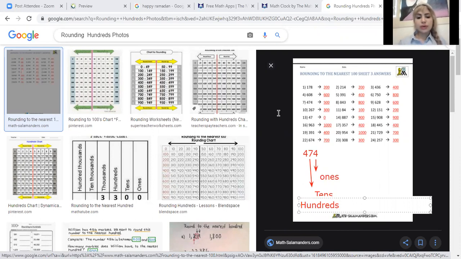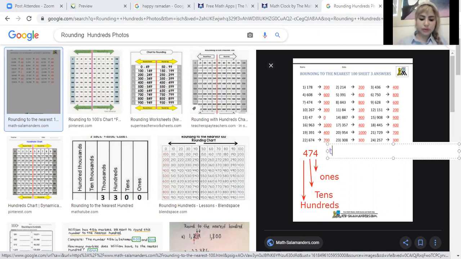Okay, so if I want to round, I did a video before about rounding, maybe you will go and see it again. When I round to the nearest 100, I look at the tens digit. So let me round 447 to the nearest 100.